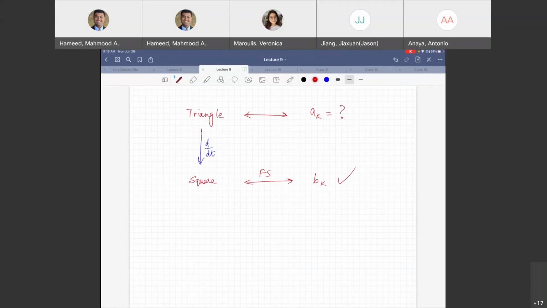What you really wanted was ak. So how do you go back? Oh, by the way, what is bk? Can I say bk is jk omega naught ak? When you differentiate in time domain, you literally multiply by jk omega naught in the Fourier series, right? So how do you find out ak? Just divide it.